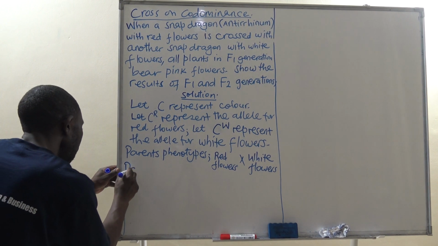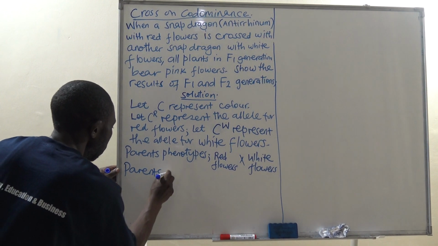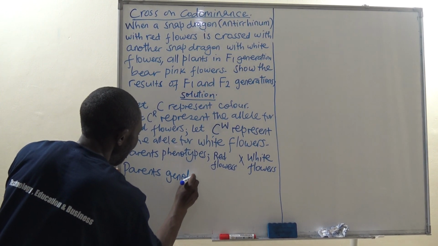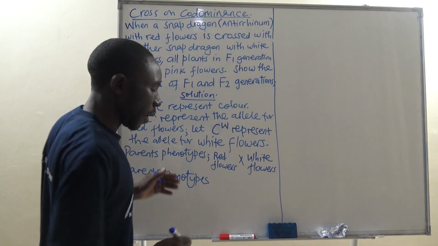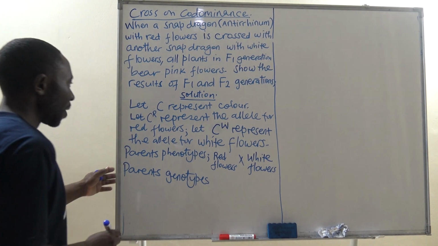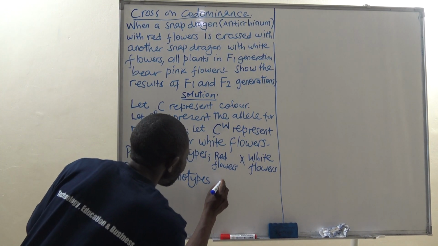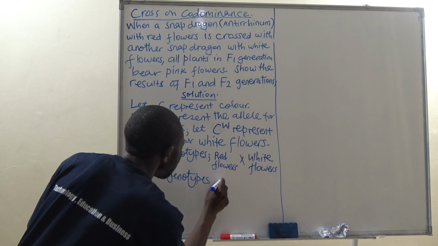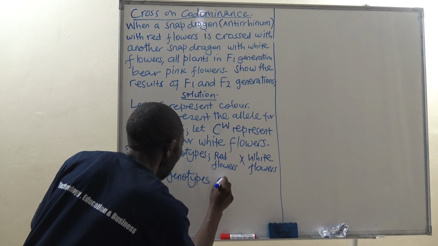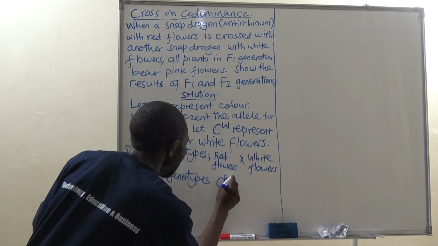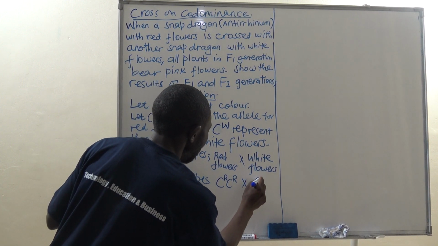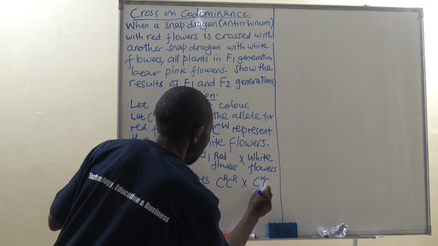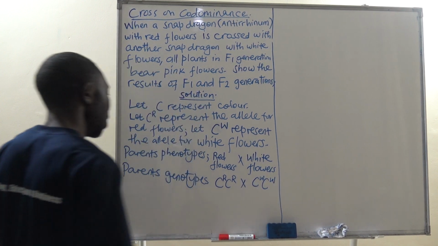Then parents' genotypes. The parent with red flowers has genotype C^R C^R. It is being crossed with C^W C^W.